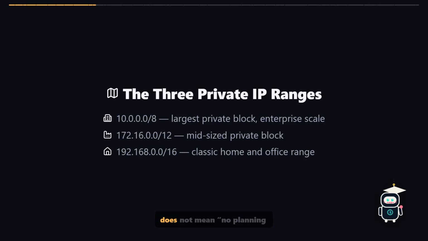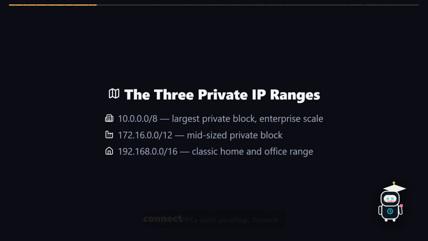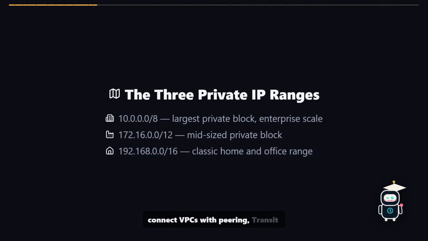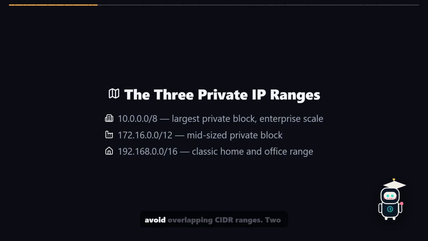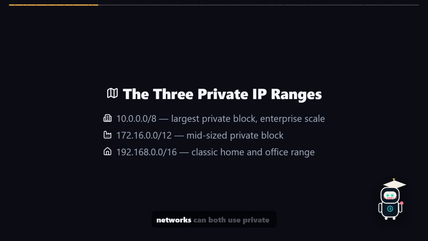But private does not mean no planning required. If you expect to connect VPCs with peering, transit gateway, VPN, or Direct Connect, avoid overlapping CIDR ranges. Two networks can both use private addresses and still conflict with each other.